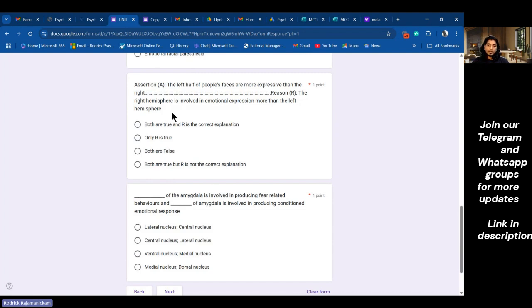There's this theory that the left side is more for sequential, detail-oriented things, and the right side of the brain is more about parallel processing and processing the whole. Emotions come into this domain of wholeness, right? So we'll see here also, not this.